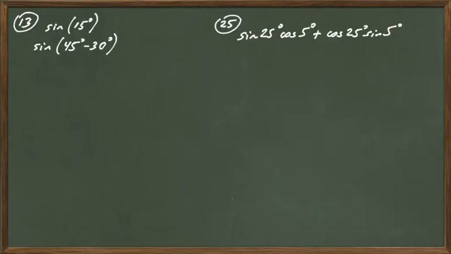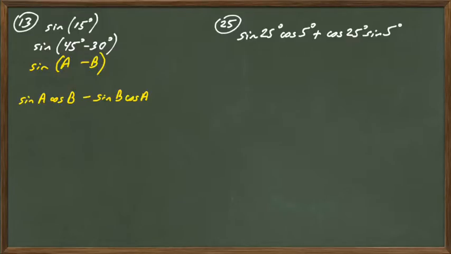Okay, after 5, let's try this one. Do we know a rule for sine A minus sine B? Sine of A minus B, that is. I'm going to check. I believe it's sine A, cosine B, the same sign, sine of B, cosine of A. Let me check it real fast, but I'm pretty sure that's it.